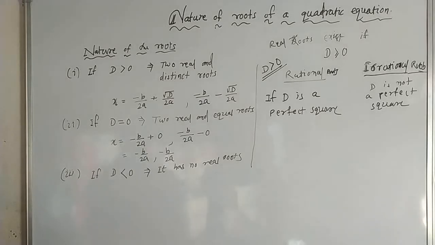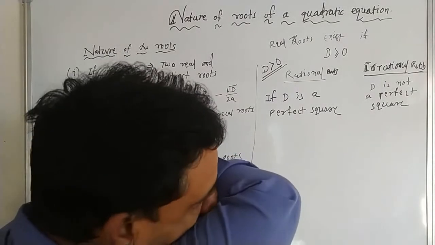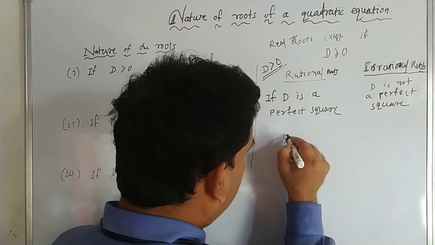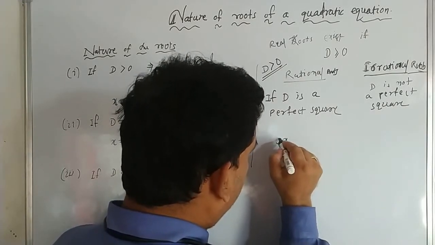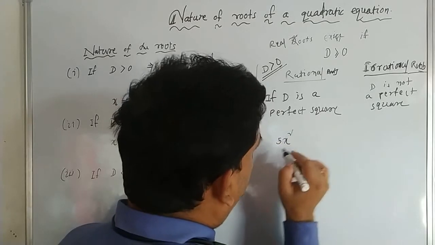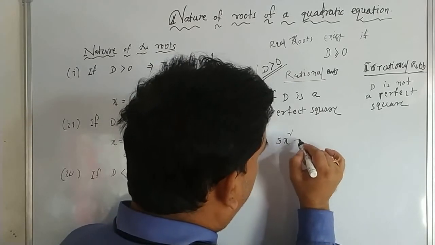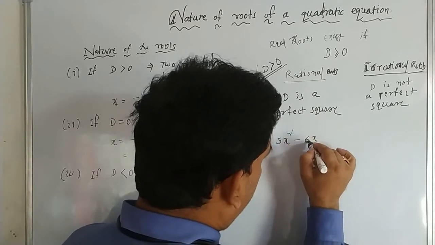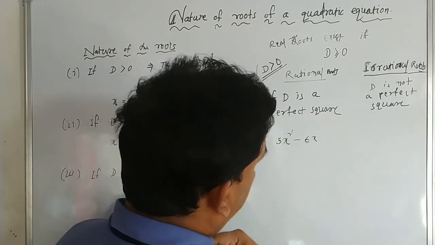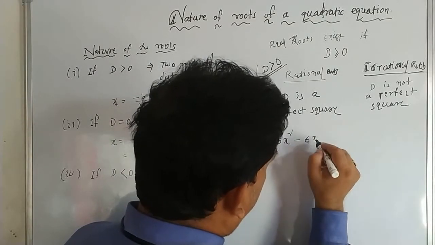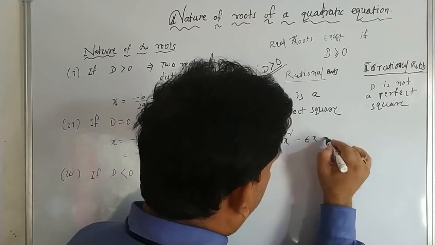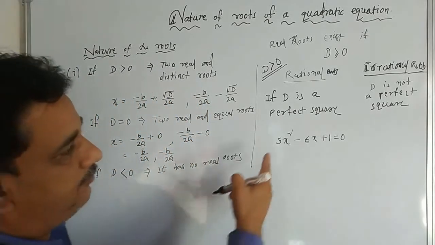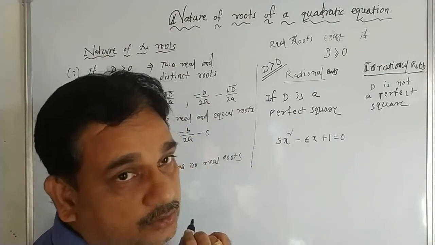Let us take an example of how you will get rational roots. 5x square minus 6x plus 1 is equal to 0.